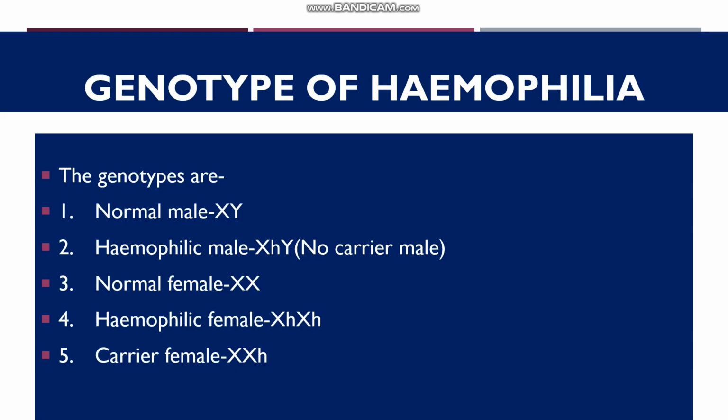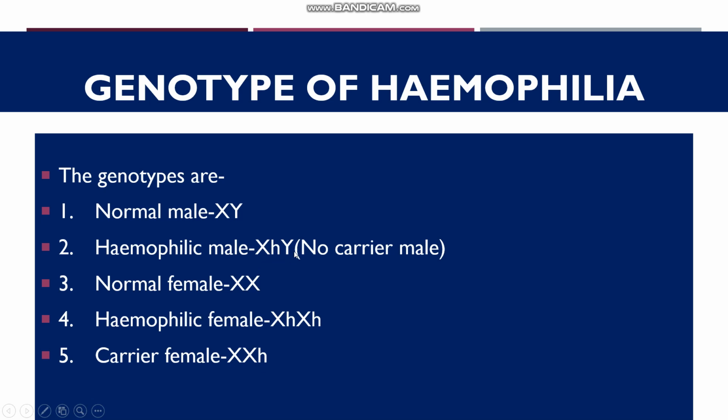Now, what are the genotypes of hemophilia? As the genes are located in the X chromosome, you can use the symbols XY and XX. The genotype of a normal, unaffected male is XY, and that of a normal female is denoted as XX. A hemophilic male is denoted as XHY.